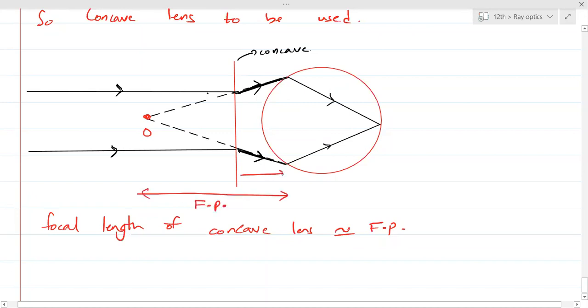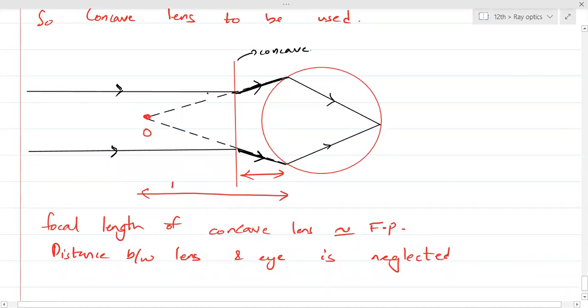हमने distance neglect किया. The distance between the lens and the eye is neglected. In that case, is the magnitude of focal length equal to the far point? Yes or no? Look at the diagram. From the diagram, it will be visible to you.